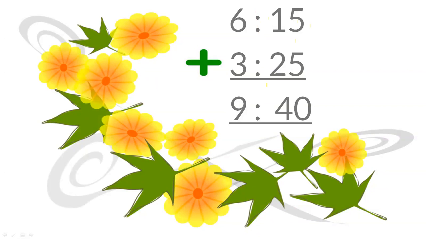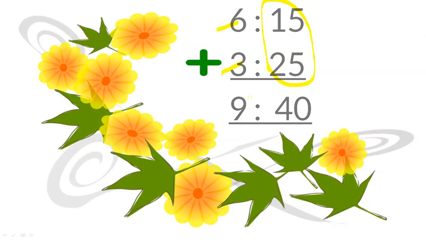This right hand side is the minutes column, while this left hand side will be your hours column. You must remember that for addition and subtraction you have to work in that column.